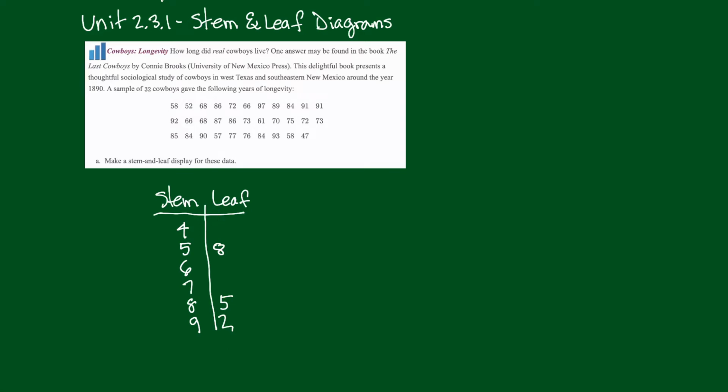Second column, what have we got? We've got a 52, 66, 84. So 52. So go to the 5, and then over here, in the next column, write a 2. So I'll have 52. Then we've got 66.